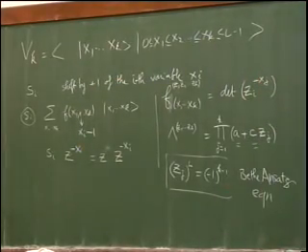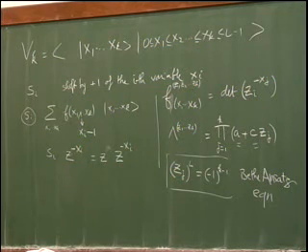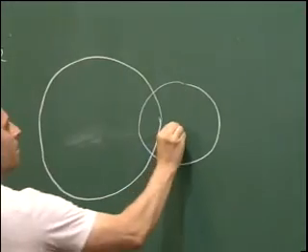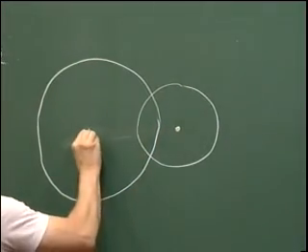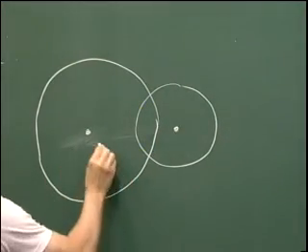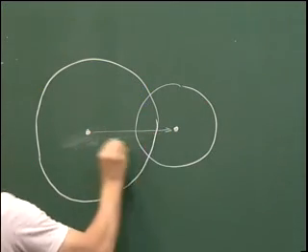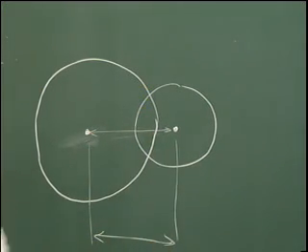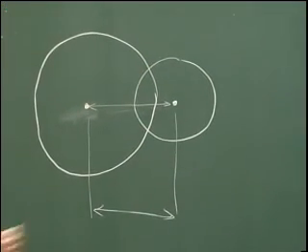So the only interesting case, maybe I start by drawing the circles, and then I put the points. All right, so this distance here is A. So I'm on the complex plane.